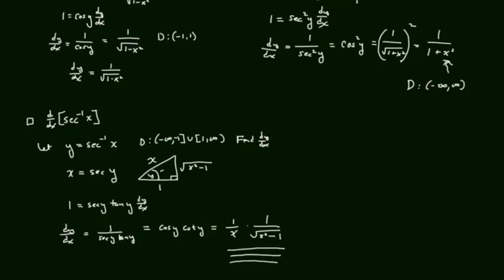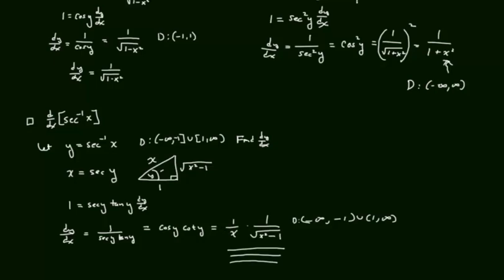Let's write the domain here. The domain of this is negative infinity to negative 1 union with 1 to infinity. So that's the domain. So what do we need to do to allow, let's say, if I plugged a negative 2 in, that the result would be positive?